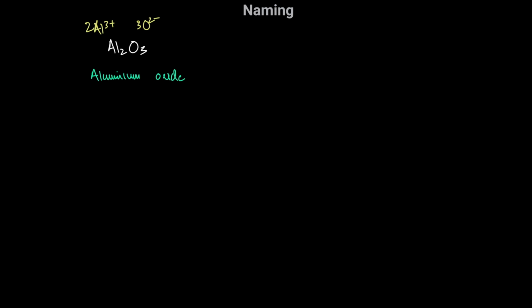But then what if you had something like Fe2O3? In Fe2O3 we have iron, and iron can have multiple oxidation states. So in this case you would have to specify the oxidation number of iron. We know that oxygen has an oxidation number of -2. Let's say that the oxidation number of iron is X. We have 2 irons and 3 oxygens, each of which is -2, and the overall oxidation number is 0.